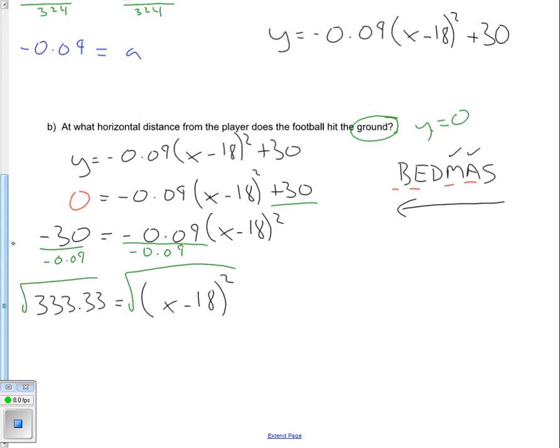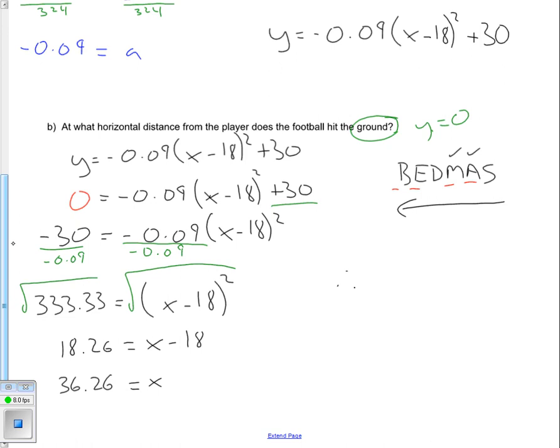Okay, and so when I square root both sides, I get approximately 18.26 is equal to x minus 18. And then I want to get x all by itself, which means that I have to add 18 to both sides. Okay? And so if I add 18 to both sides, I end up with 36.26.